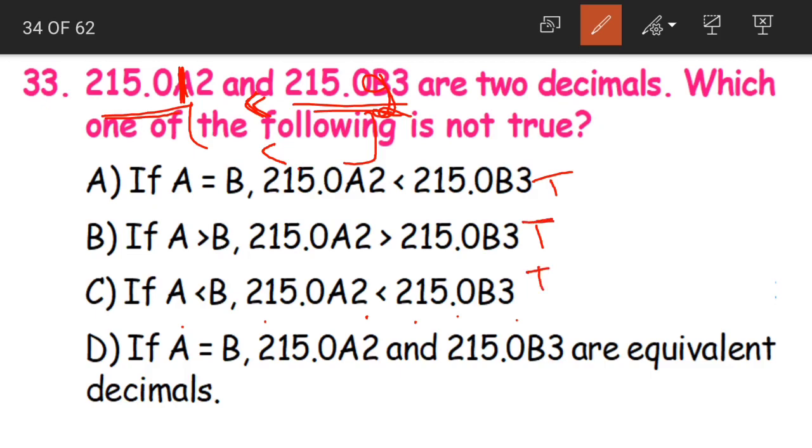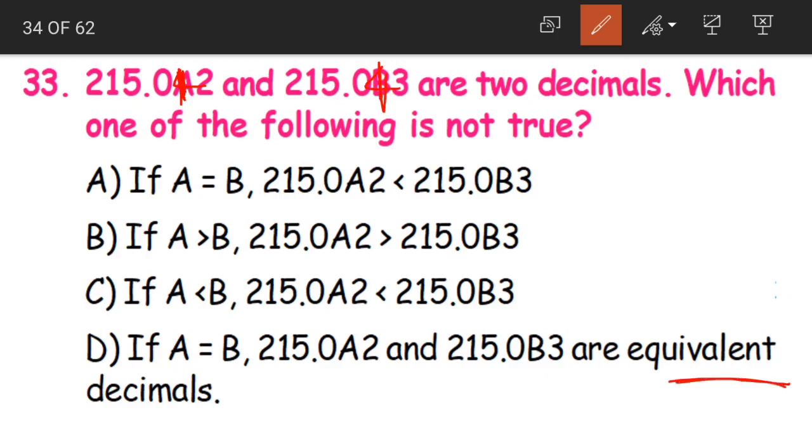Now coming to option D. If A is equal to B, then both the decimals will be equivalent decimals. Again, if we take both 1, or you can take 4 also, it's your wish, children. You can take any number, but you should write the same number for both A and B. Now are these two equivalent decimals?